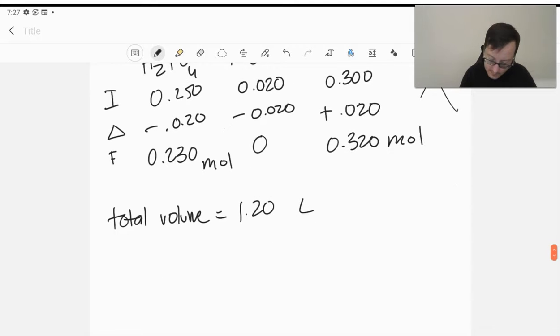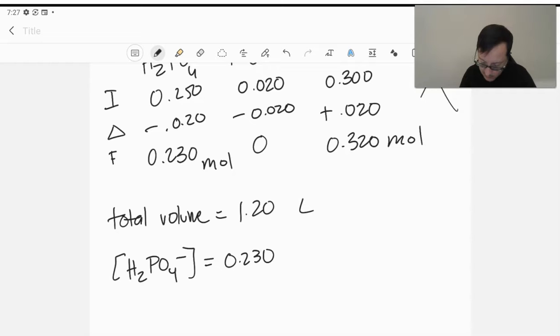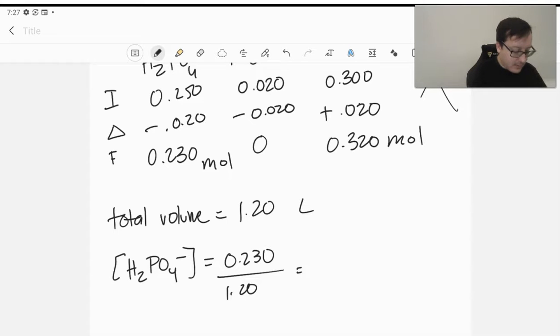And so we have to recalculate our concentrations based off this new volume. So the concentration of dihydrogen phosphate is 0.23 divided by 1.2, and that's 0.192 molar.